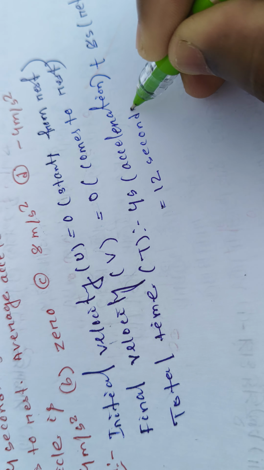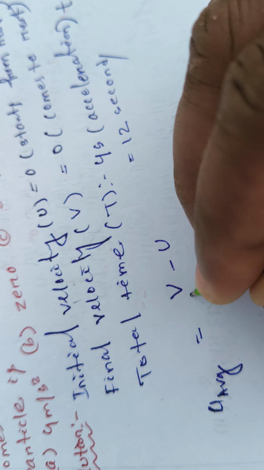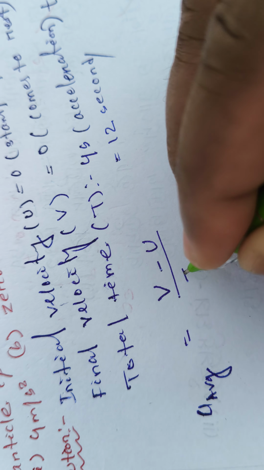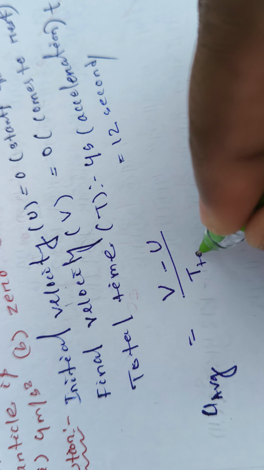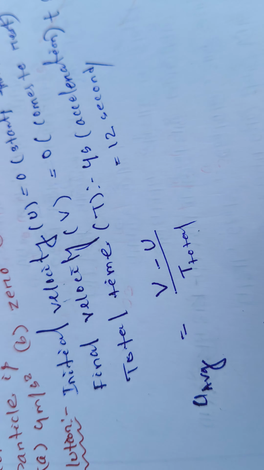Now we have to calculate the average acceleration. Average acceleration is equal to final velocity minus initial velocity divided by time, time means total time. In this case, final is equal to 0, initial is equal to 0 and time is 12. So we get 0.